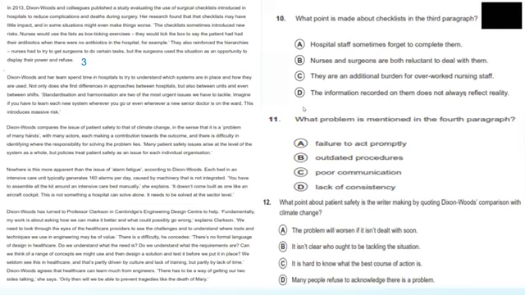So if I concentrate on this, I might go to the other options, like nurses and surgeons are both reluctant to deal with them, and answer B and answer C. Yes, that's right, but it does not always depend on excluding. You also have to search for the actual meaning which fits with the correct answer.